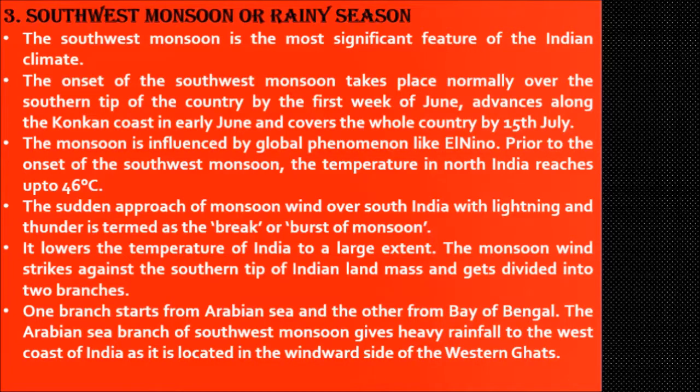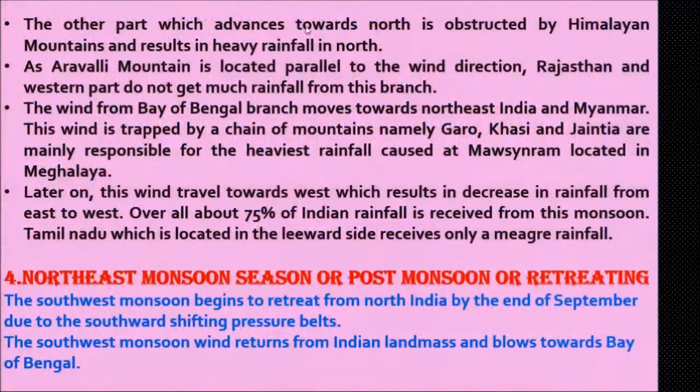The other part, which advances towards the north, is obstructed by the Himalayan mountains and results in heavy rainfall in the north. And as the Aravalli mountain is located parallel to the wind direction, Rajasthan and the western part do not get much rainfall from this branch.